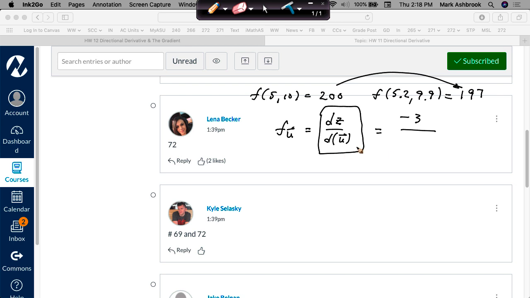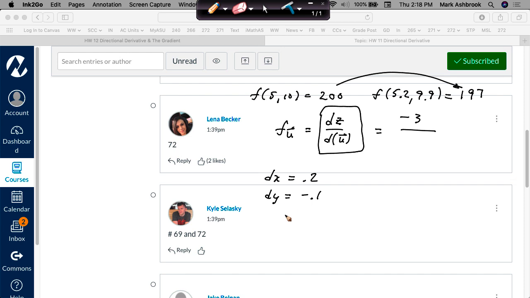How far have I gone? That means a combination of change in x and change in y. How much change in x do I have? Positive 0.2. What about change in y? Negative 0.1. So how would you figure out what your overall change was? 0.2 squared plus -0.1 squared. Right.